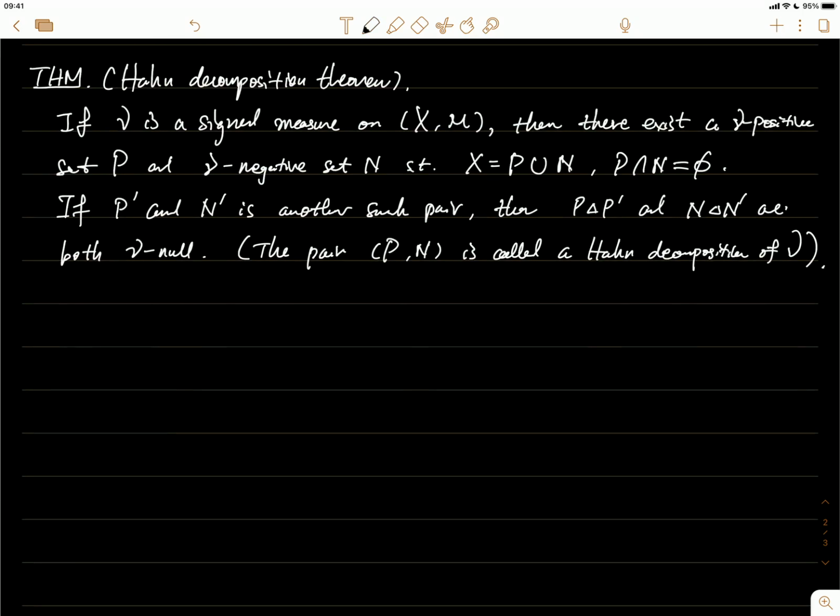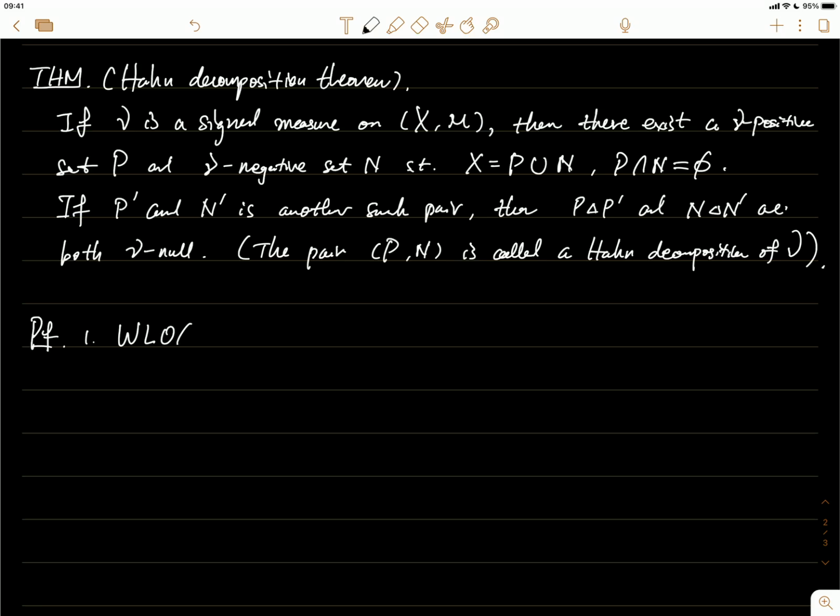Okay, so that's intuitive, what the meaning is here. But let's see how to prove this. The proof is given with several steps. The first step is that let's assume the signed measure can only take negative infinity, it cannot take positive infinity. Otherwise, we can just consider the negative nu.